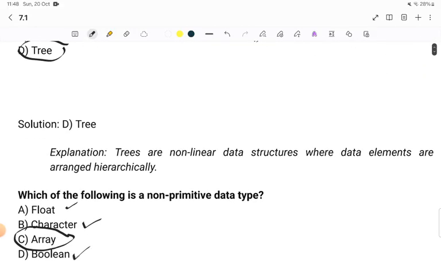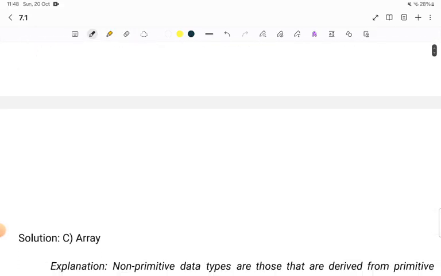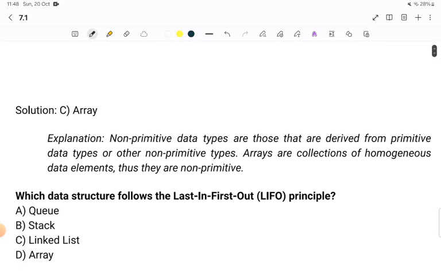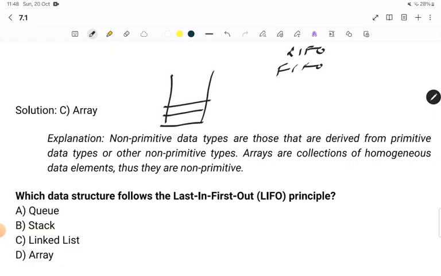Next question is, which data structure follows the last in first out principle? There are basically two principles, LIFO, last in first out, and FIFO, first in first out. In the case of a stack, suppose you want to store the numbers 1, 2, 3, 4, 5.